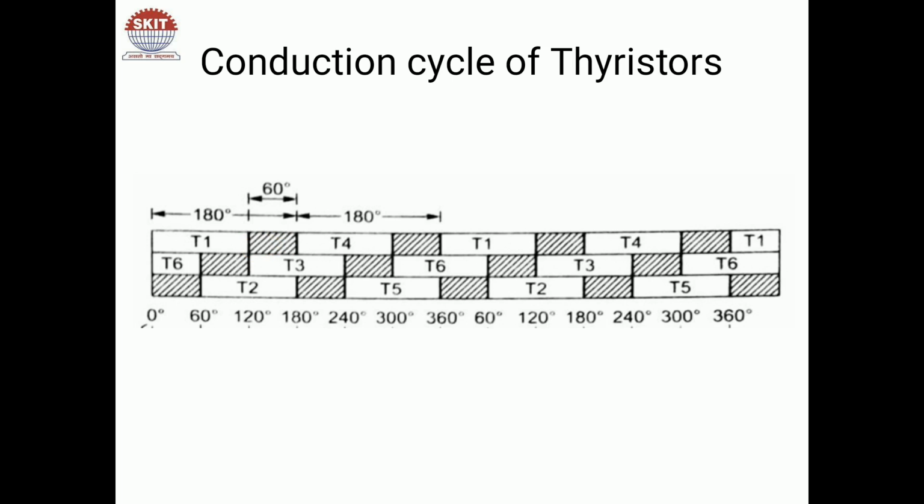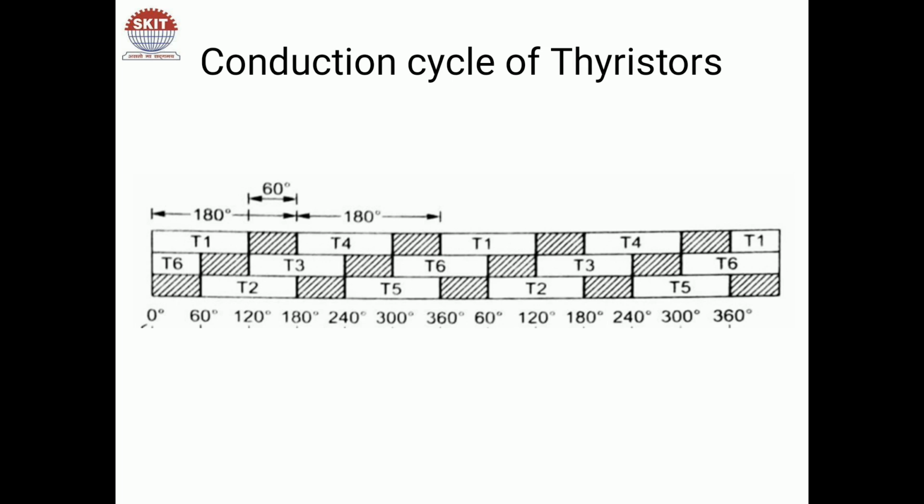Nothing will conduct, so it will be blank. After that SCR T4 conducts for the next 120 degrees. So T4 is on for 120 degrees, and again for the next 60 degrees nothing will be on. After that this cycle is repeated.